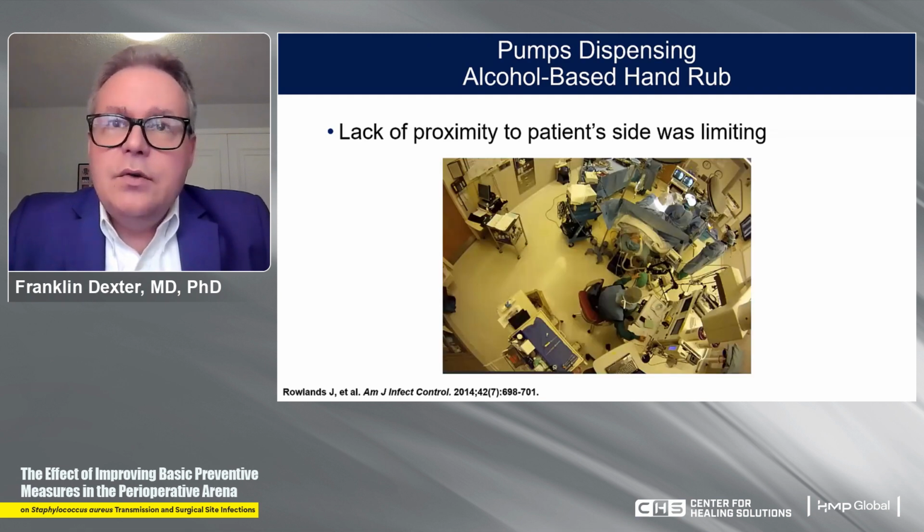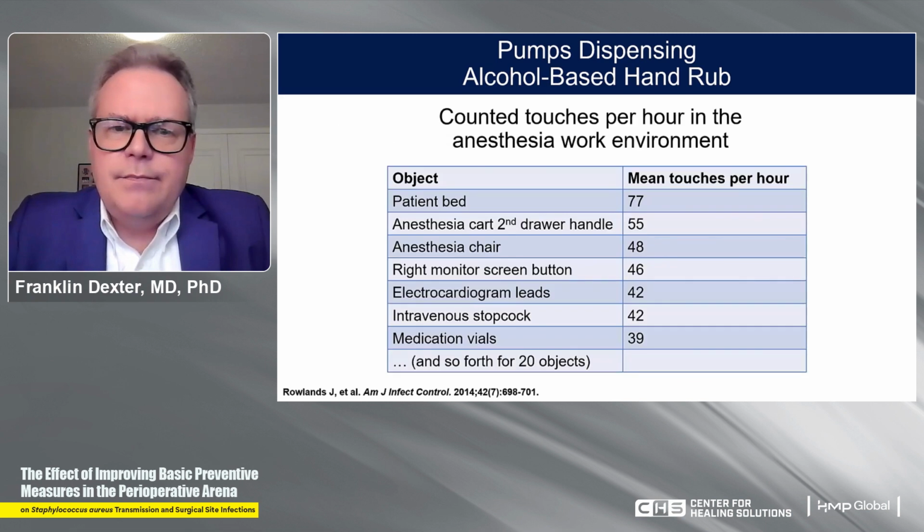And we know from the studies of Rowans that the positioning is important. Rowans used video observation to map anesthesia providers' hand contact. So, for example, the patient bed was touched a lot. The anesthesia cart was touched a lot. The anesthesia chair was touched a lot.